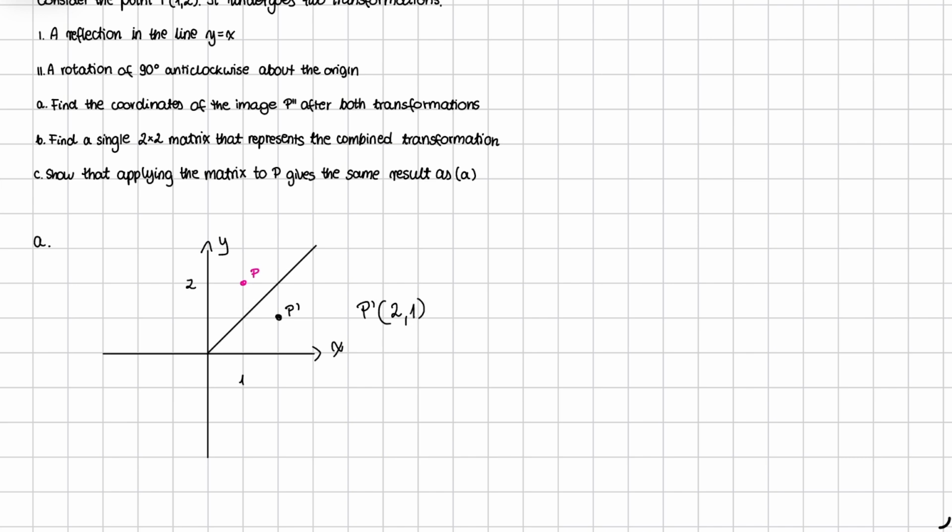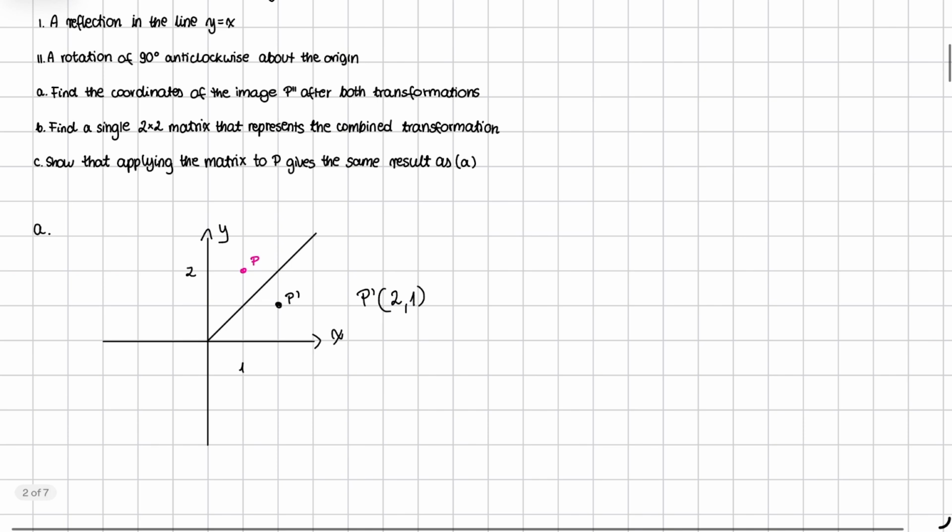And the second transformation is a rotation of 90 degrees anticlockwise about the origin. As you remember from the previous task, we have this matrix with cosine and sine, so we have to use it once again. We know that our angle is 90 degrees, so it looks like this: (0, -1, 1, 0). And of course we are multiplying it with our new point.